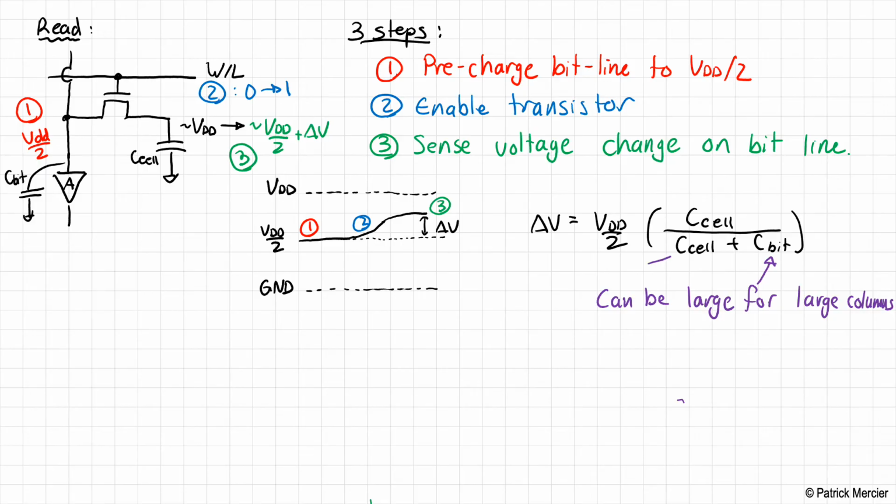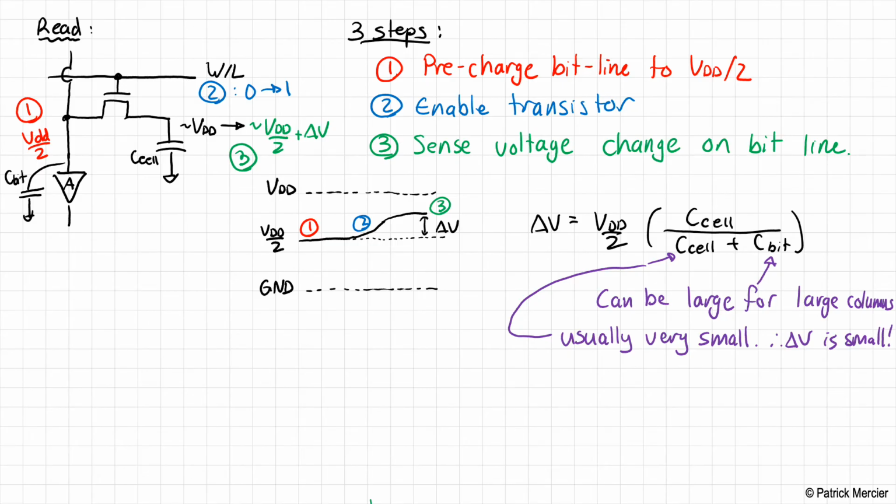On the other hand, the cell capacitance is usually very small. In the name of density, we don't want to put a huge capacitor there for every cell. We want it to be extremely small. So therefore, delta V is very small. This is why we need an amplifier.